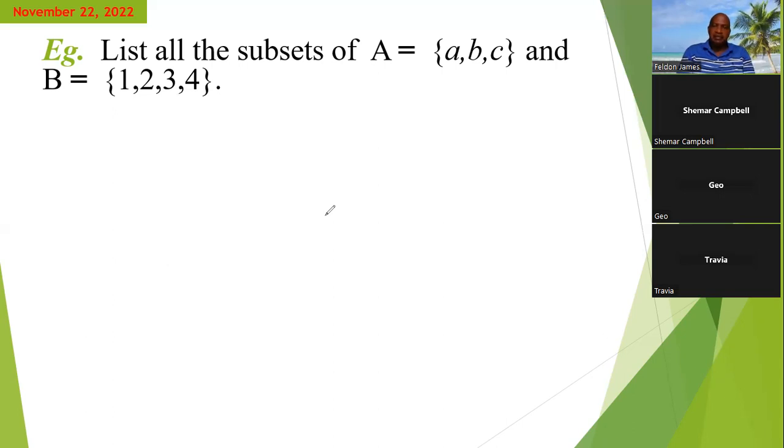So that set will come about automatically if you're finding the subsets of anything. Automatically the set itself and the empty set, those are two subsets. Okay, sir. Right, so once you're finding the subsets, you have to include those as well.